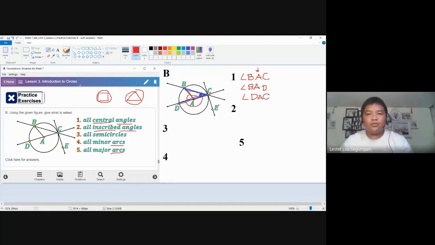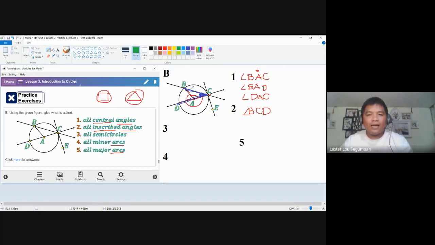So for number two, our answer here is angle BCD, because the vertex is on the circle at point C, and we have the chords as its sides, chord BC or CB and DC or CD. That is our inscribed angle.